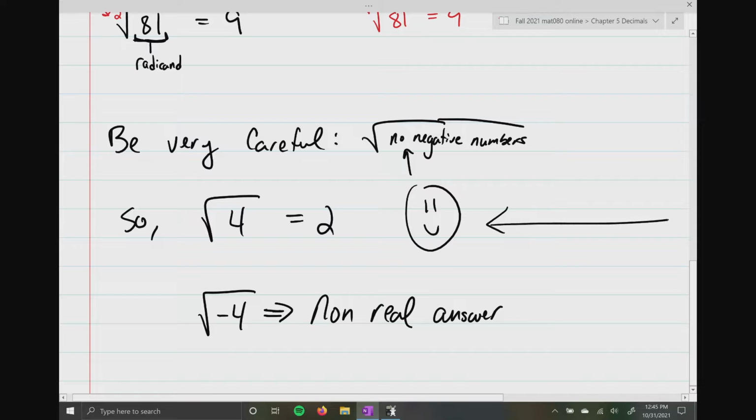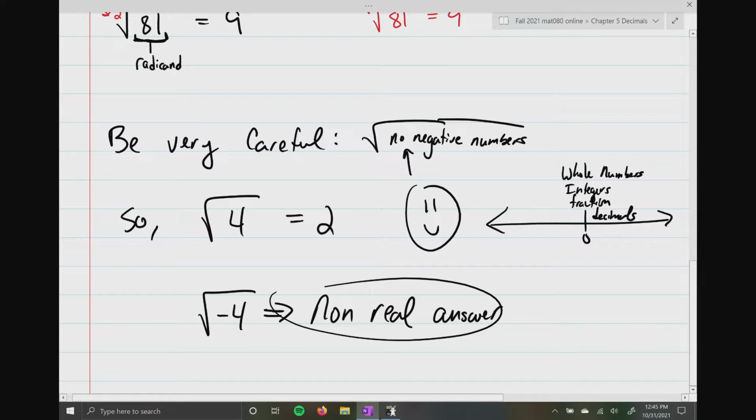We've been learning all about these numbers. All right? We learned about whole numbers. We learned about integers. We learned about fractions. We also learned about decimals. A non-real answer is an imaginary number, okay?